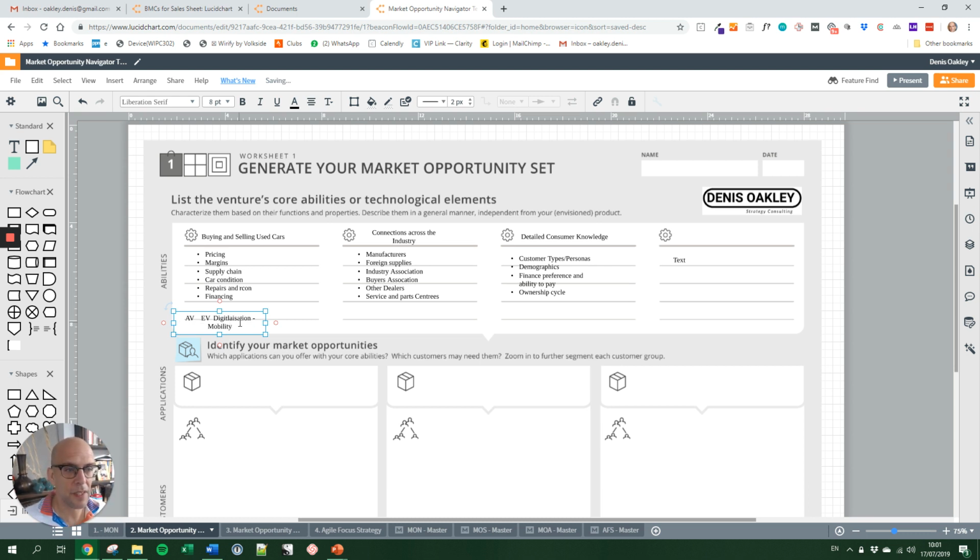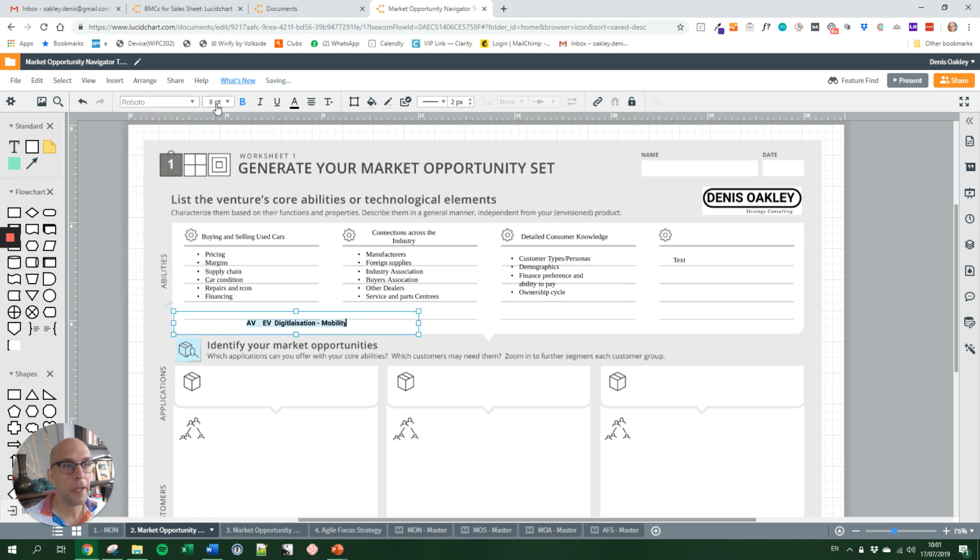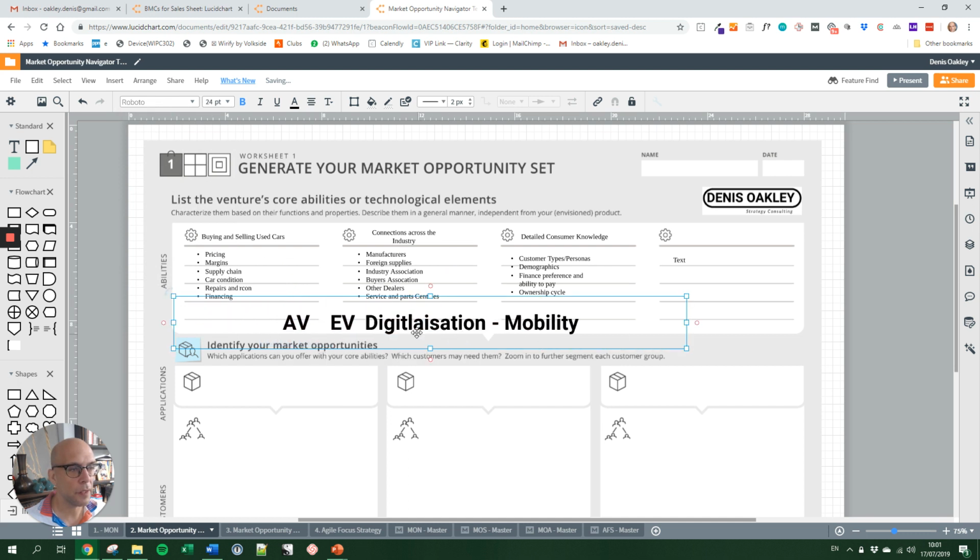And this is where we're looking at creating a new company or a startup, something working in one of these spaces. We haven't quite figured out what it is. Roboto is always a nice font, by the way. It's nice, clear, easy to read. Digitalization. There you go.